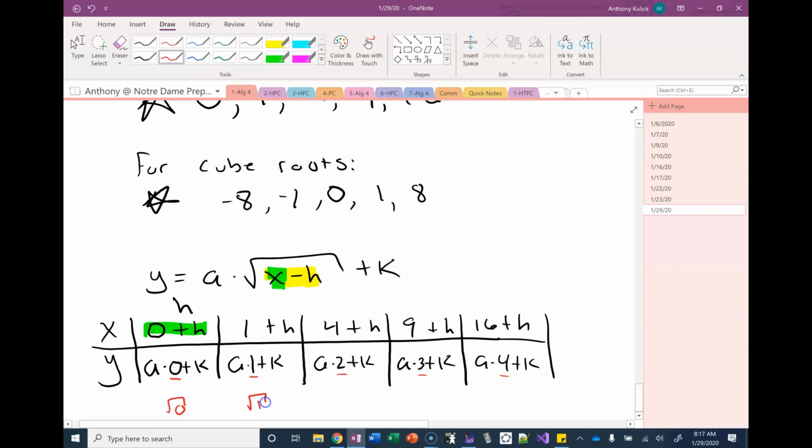Yeah, it's the square root of 0, square root of 1, square root of 4, square root of 9, and square root of 16. And again, just FYI, a times 0 plus k is really just what? Just k.